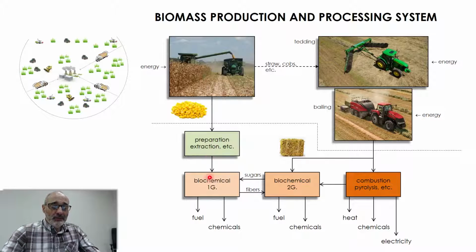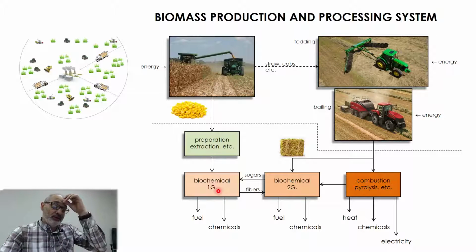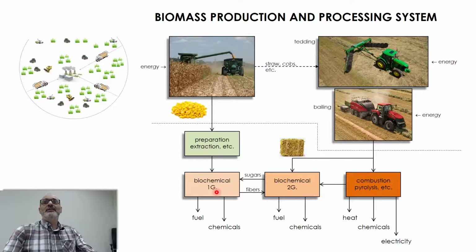Then you have the biochemical reaction, which we label first generation. This is basically fermentation, which you can do in order to produce fuel, ethanol, or chemicals. So this is the first and well-known processing pathway.